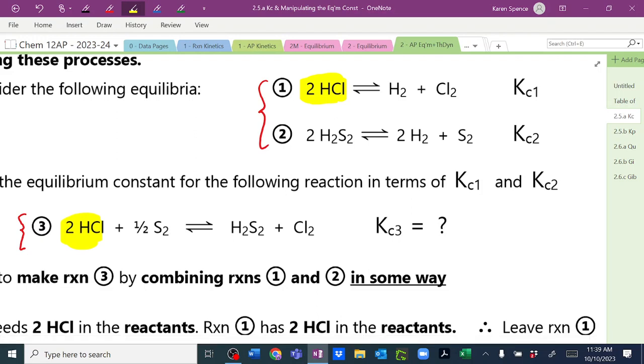In order to get a half S2 in the reactants, what am I going to have to do with my second reaction? I'm going to have to flip it, and I'm going to have to multiply the entire reaction by, this is a 1, now it's a half. How do we get from 1 to a half? We need to multiply by a half.